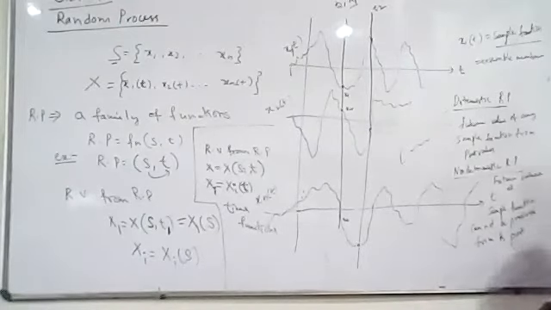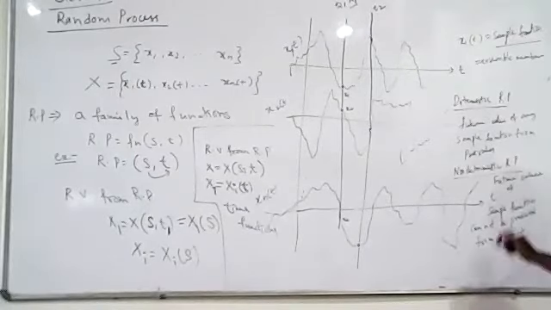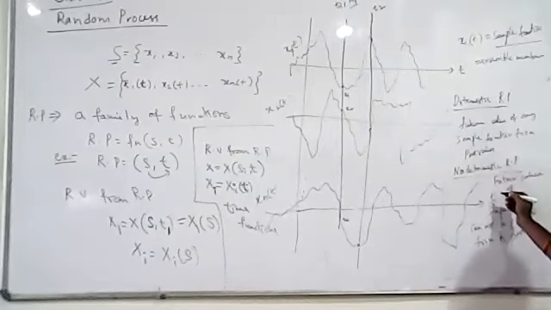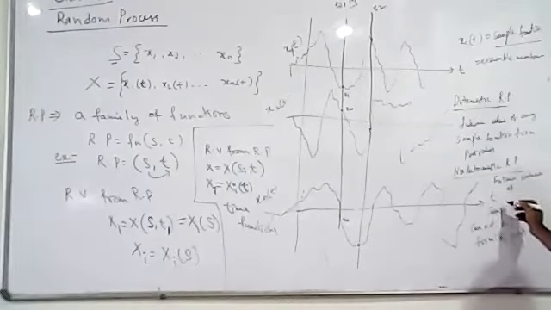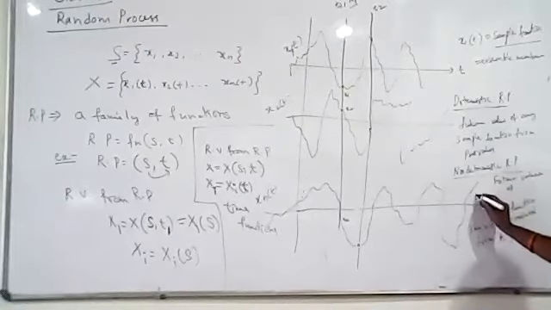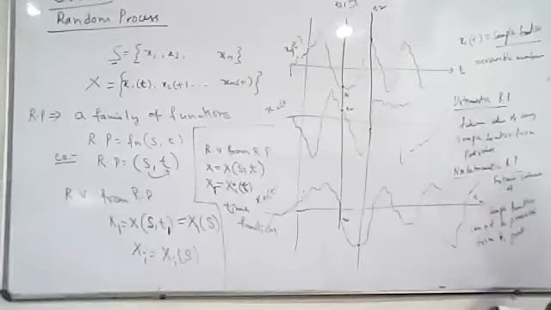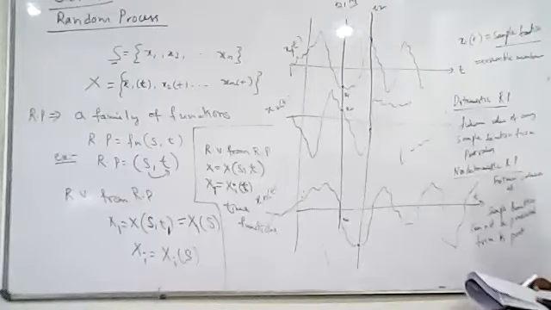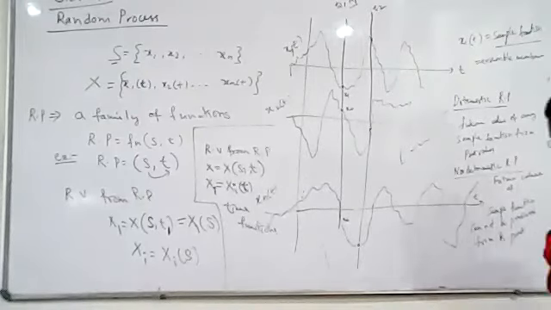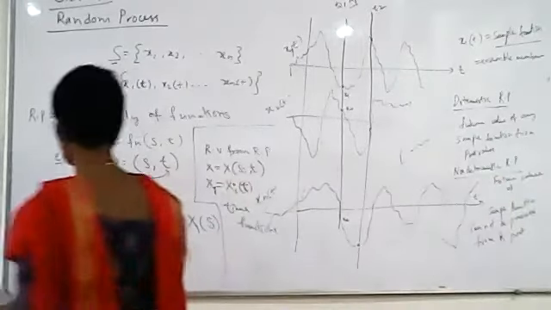So the random processes are of two types: deterministic and non-deterministic. In a deterministic random process, the future value of any sample function can be predicted from its past values. In a non-deterministic random process, future values of a sample function cannot be predicted from its past values.